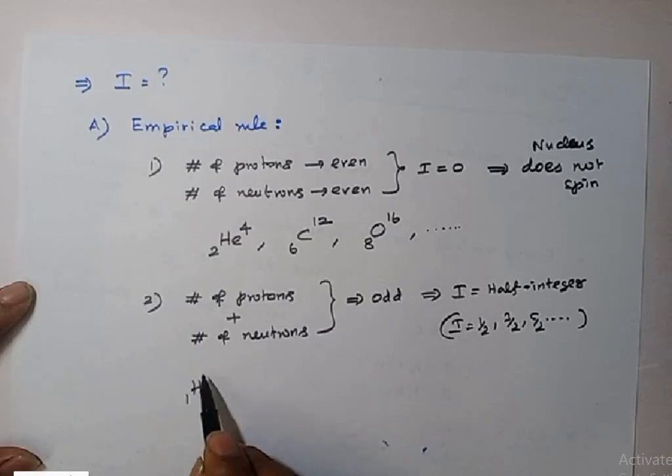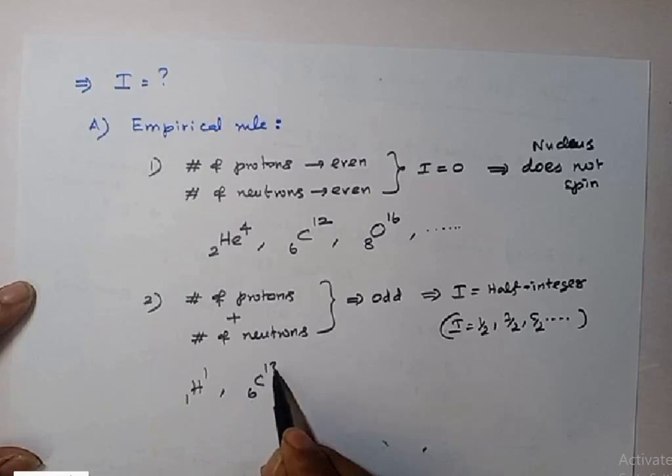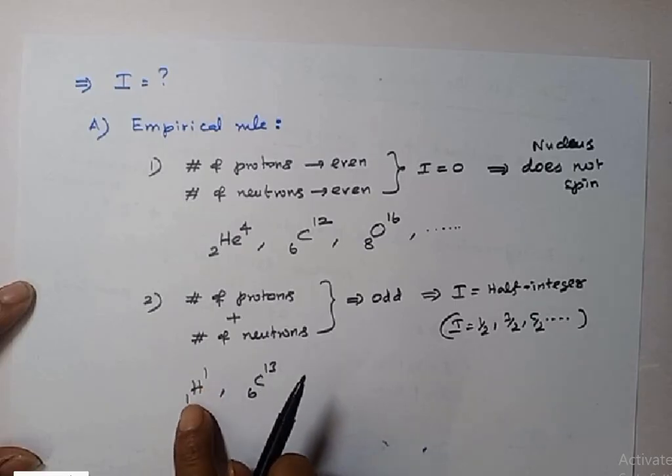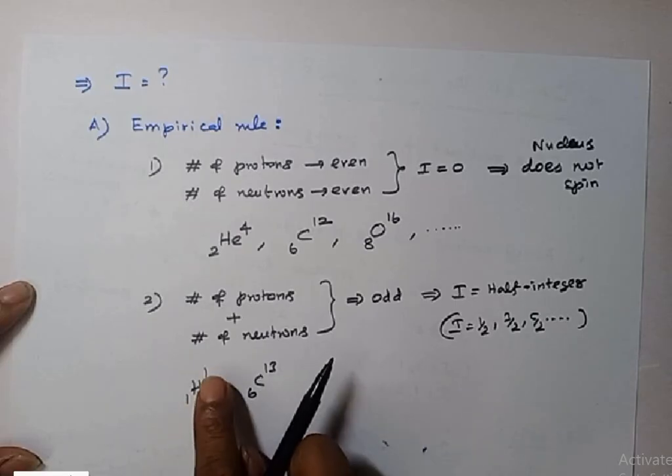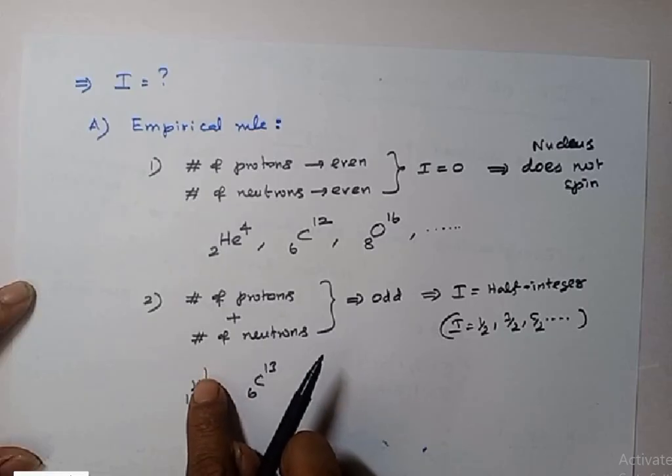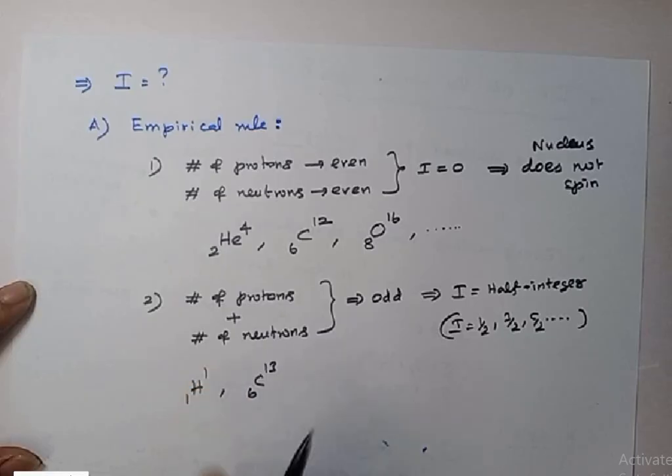See, H-1 and C-13. Listen, the hydrogen atom has 1 proton. The mass number is 1, so 1 minus 1 is 0, so there is no neutron. In the second case, C-13 has 6 protons, an even number, but 13 minus 6 gives 7, which is an odd number.